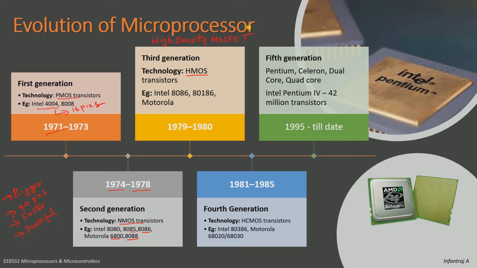Talking in terms of speed power product, third generation microprocessors were more powerful, about 4 times more powerful than the second generation microprocessors.